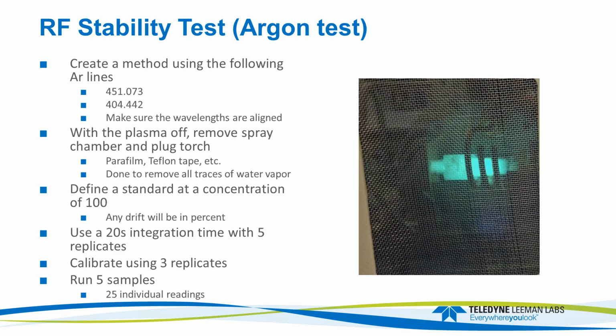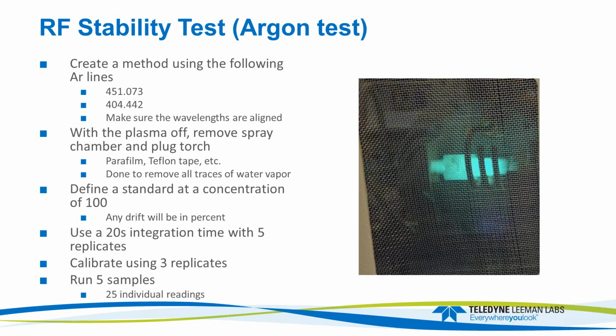To be able to run this test, you have to remove the nebulizer and spray chamber, and we plug the torch. Typically, I do that with parafilm or Teflon tape or something to plug it. You do that because we don't want any trace of water vapor in the system at all.